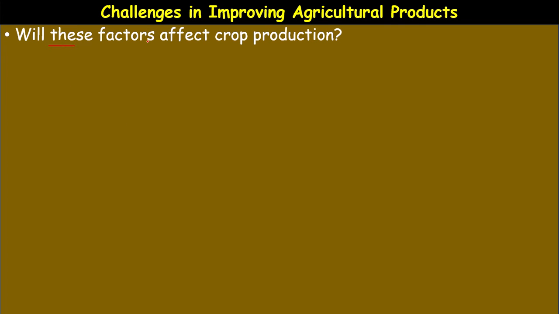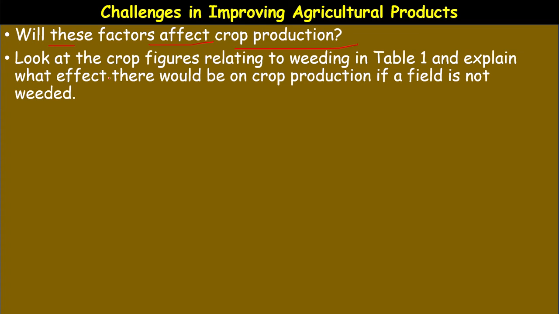Will these factors affect the crop production? Definitely. The factors like weeds will affect the crop production if they are not removed. So, look at the crop figures relating to weeding in table 1 and explain what effect there would be on crop production if a field is not weeded.